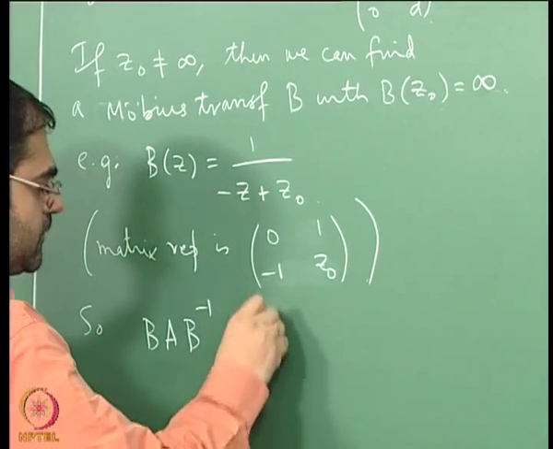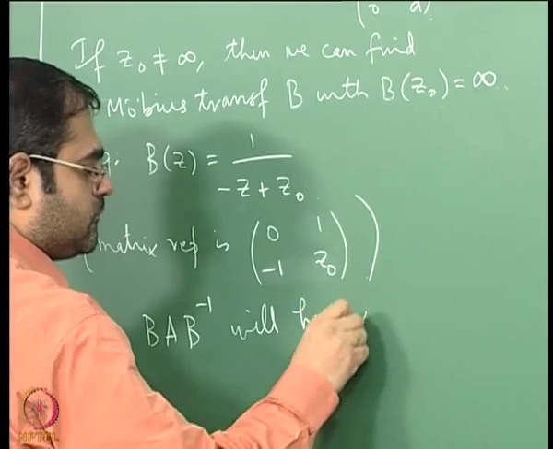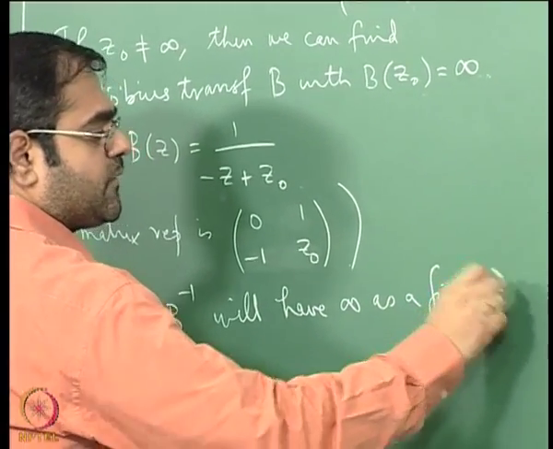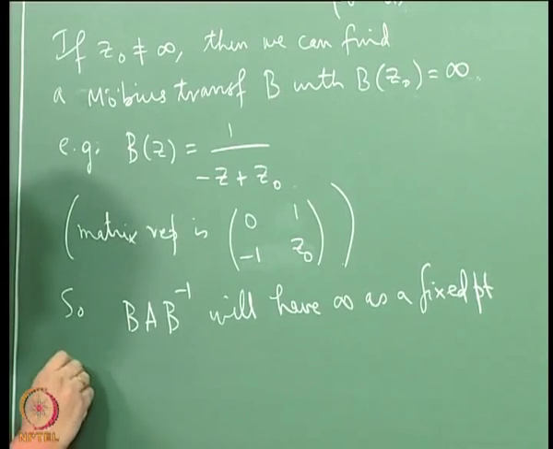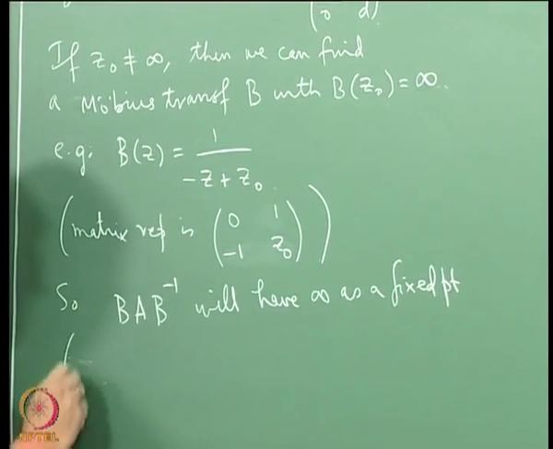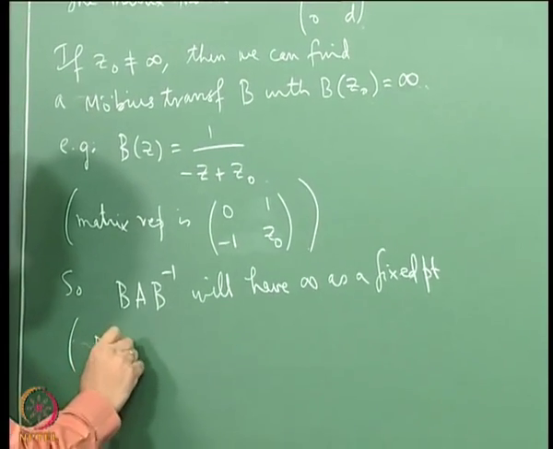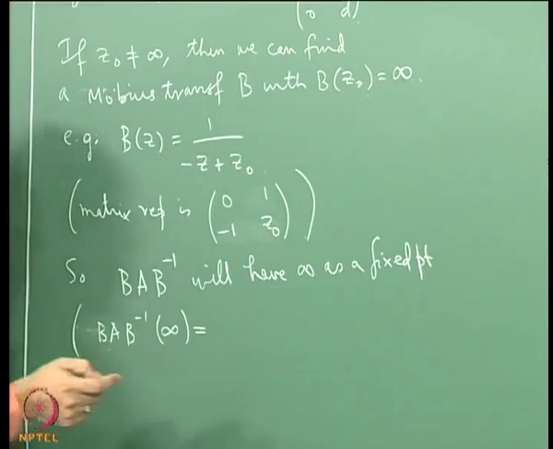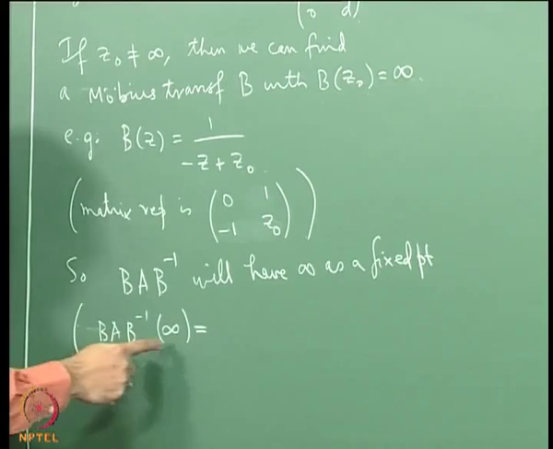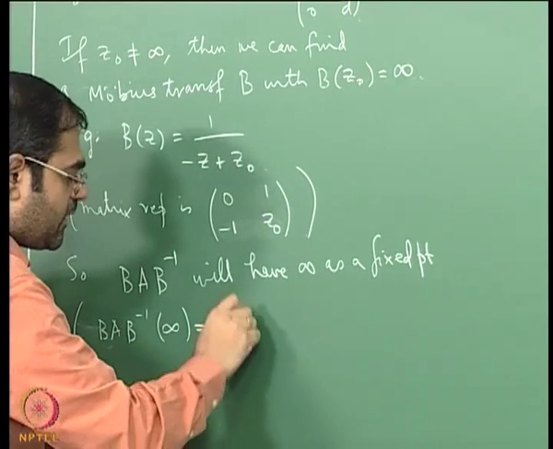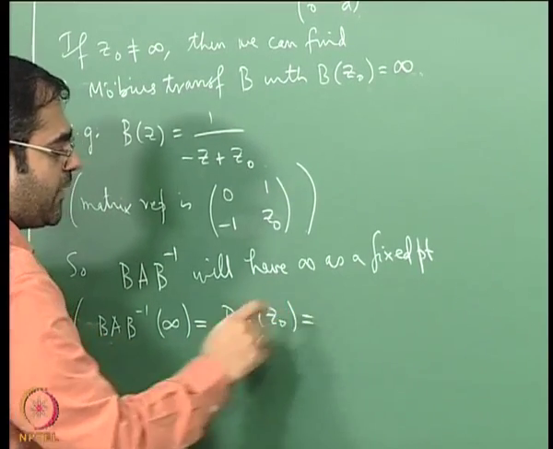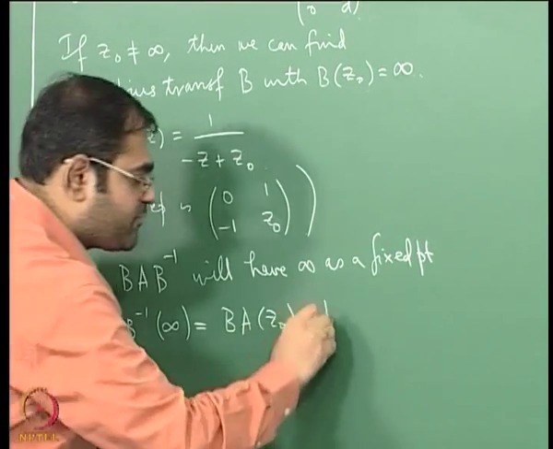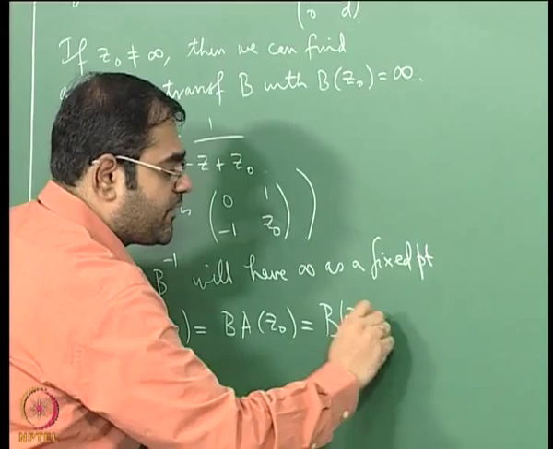That is because B A B inverse of infinity: B takes z0 to infinity, so B inverse of infinity will be z0, so I will get B A of z0, but z0 is a fixed point of A, so A z0 is just z0, so this is just B z0, and B z0 is actually infinity.